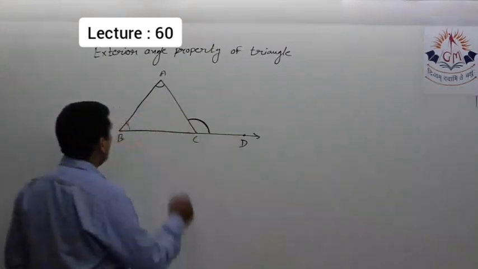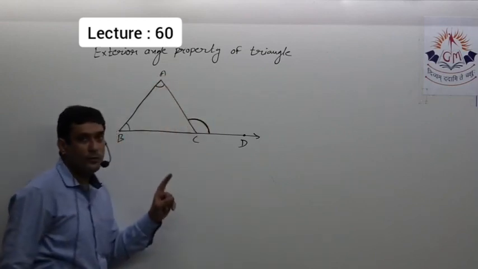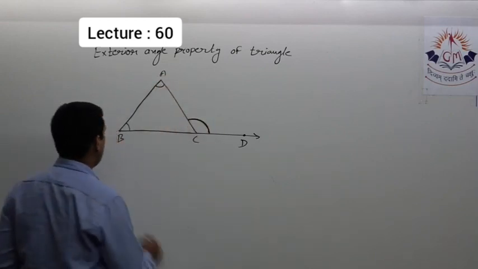So according to this property, the exterior angle of a triangle is equal to the sum of the opposite interior angles.